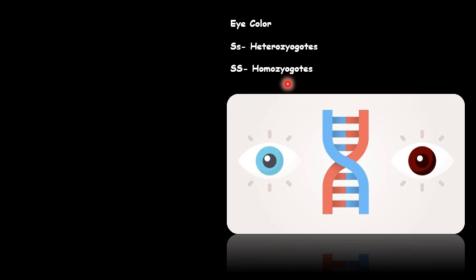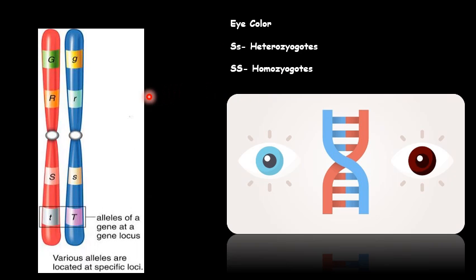For better understanding, I just want to give you guys a simple example here. Let's consider this is a homologous chromosome. As I told you, this one is from the father and this one is from the mother. Let's say this particular portion is the same type of gene from the father and mother that codes for eye color.